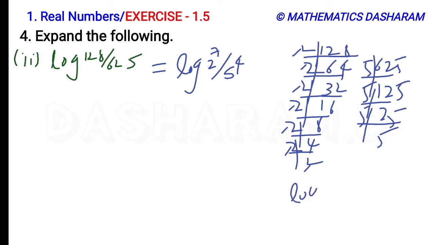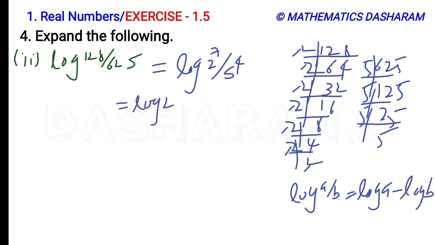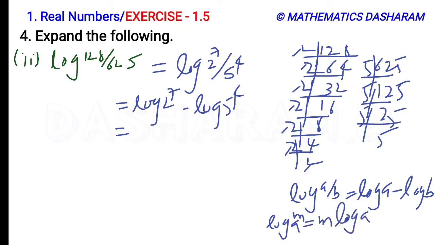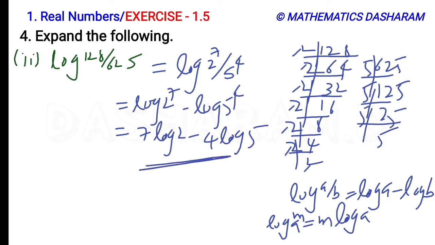Here the suitable formula is log(a by b), which equals log a minus log b. So log 2 to the power of 7 minus log 5 to the power of 4. Now using log a to the power of m, m into log a, we get 7 into log 2 minus 4 into log 5. This is called expanding log 128 by 625.